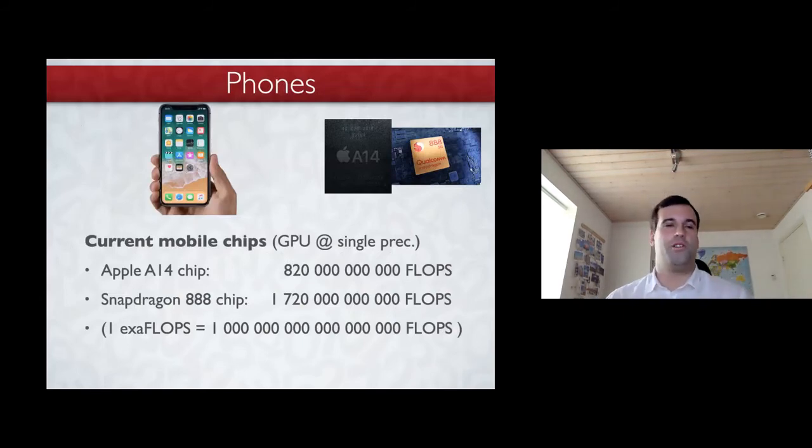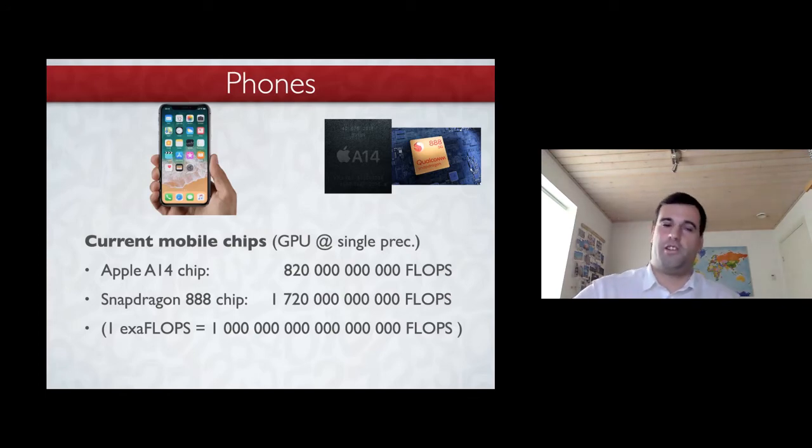Maybe one word about phones or current mobile chips. Even the phone you have in your hand, with the most recent chips from Apple and one of the Android providers, operates at 800 gigaflops, close to a teraflop. So a single phone right now has the possibility to do 1 million times 1 million operations.